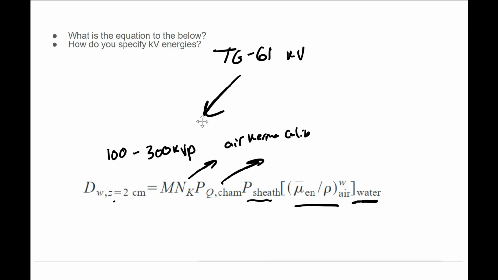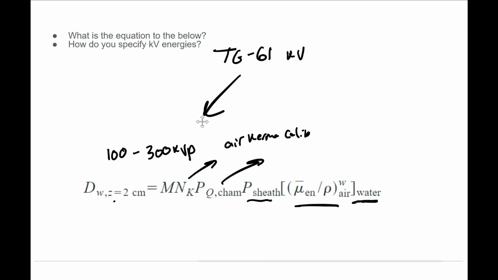So remember, similar to TG51, you want that dose to water at that point as if you didn't have a chamber there. Same thing here, but you do have a chamber, so there are going to be perturbations and issues from changed geometries and interactions because of the chamber's presence.